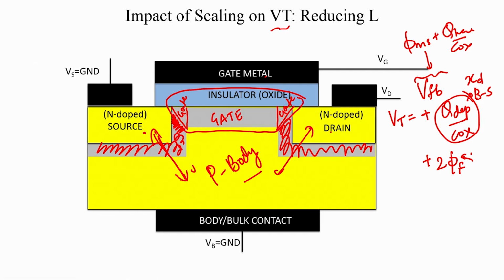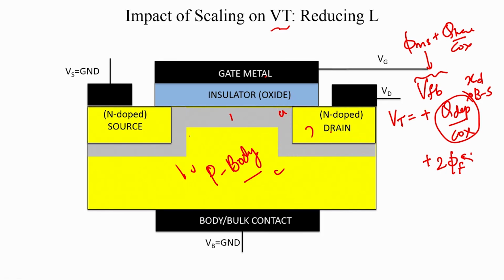Now, if it is a long channel device, these regions here are a negligible portion of the entire area the gate has to deplete. So, if you have a very long channel device and you reduce the channel length by 5%, the gate is not going to see too much of an effect. What do you mean by long channel device? Long channel device implies that the channel length, the distance between these two electrodes, is much larger than all these depletion regions.